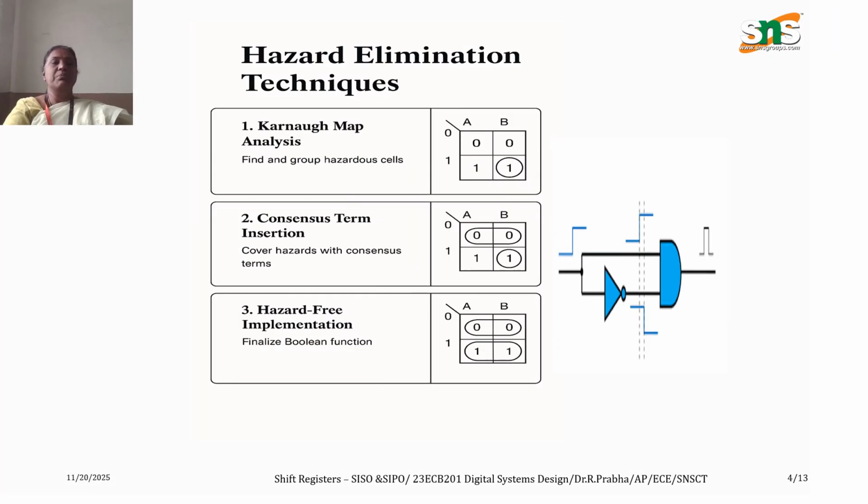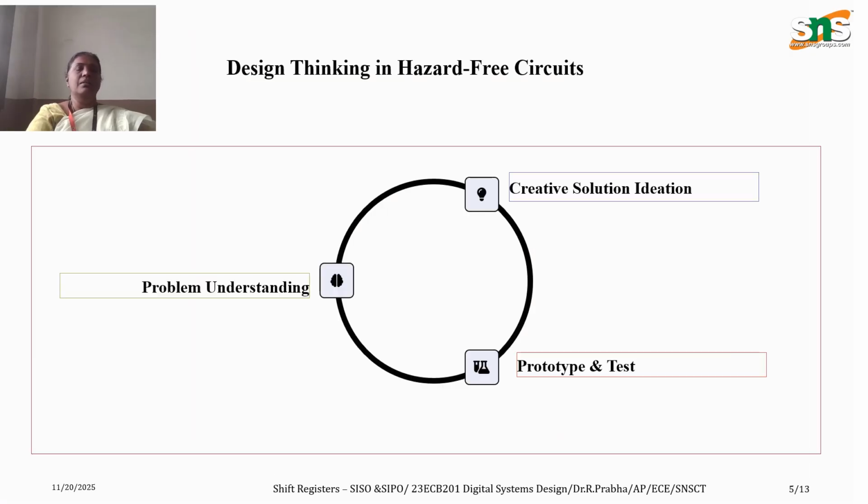So as an elimination method, by carefully selecting the logic design and also simplification techniques like K-map, we can use hazard elimination and we can find a hazard-free circuit. And if we apply design thinking in hazard-free circuits, first we need to understand the problem.